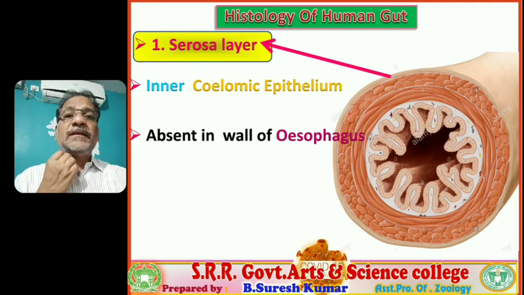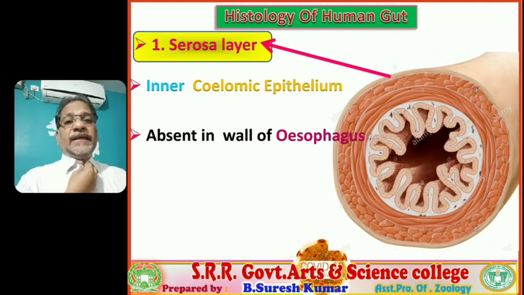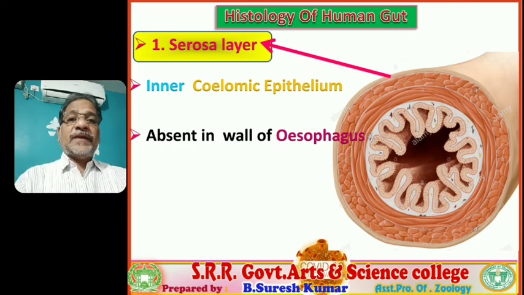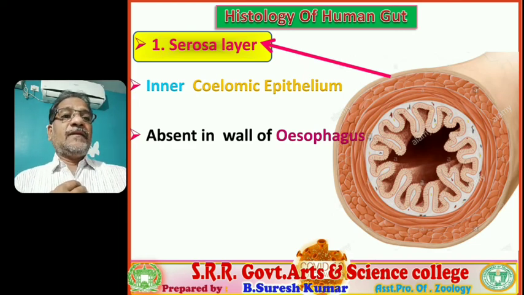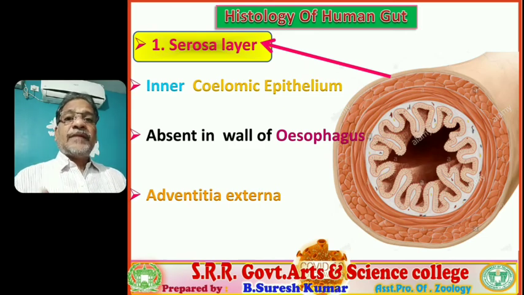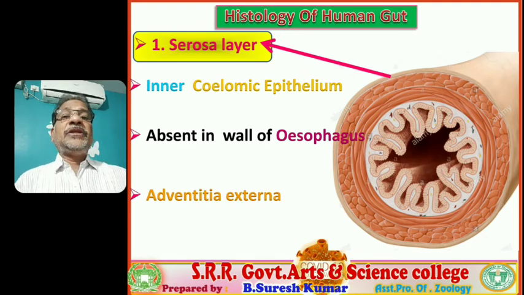one more important thing here: the serosa layer is absent in the esophagus. At the place of the serosa layer, a mesodermal lining connective tissue layer is present. That is termed adventitia externa.